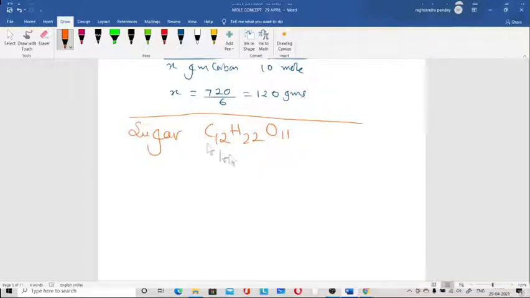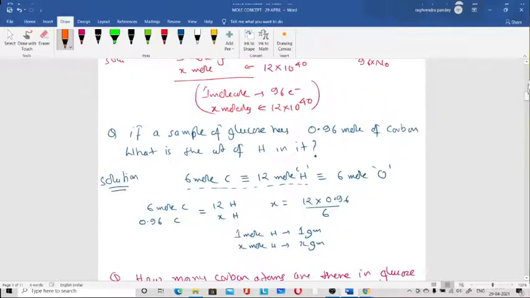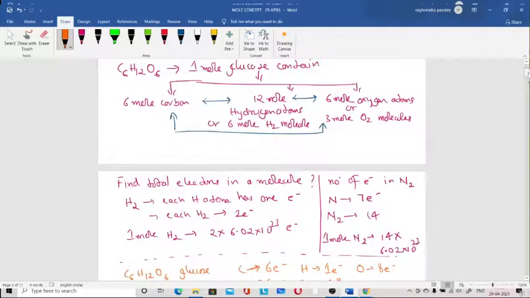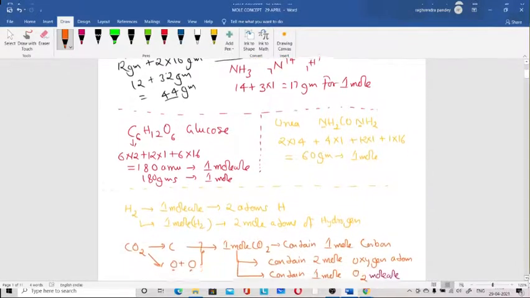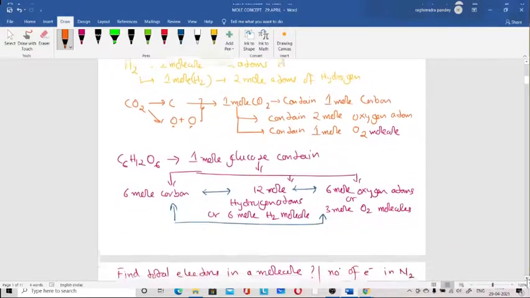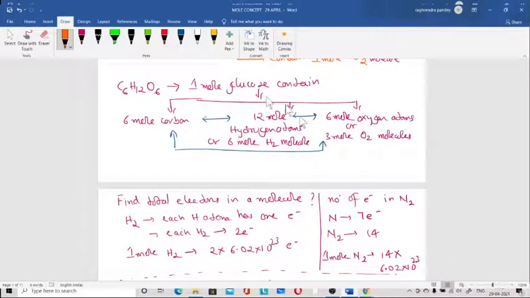Now everything we did with glucose or various other molecules, you have to do the same thing with sugar. Just these numbers will change. Here it was 6, in sugar it is 12.